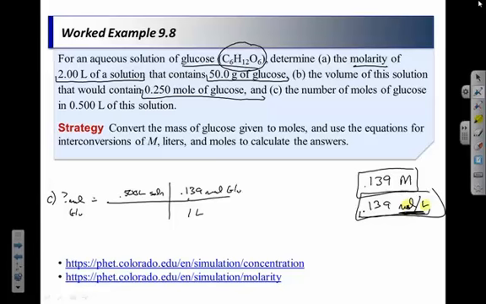That's moles of glucose per liter of solution. So the liters cancel. Got the unit I want. 0.5 times 0.139, 0.0695 moles of glucose. So if I did add half a liter, that's how much glucose would be in it. Any questions about that?